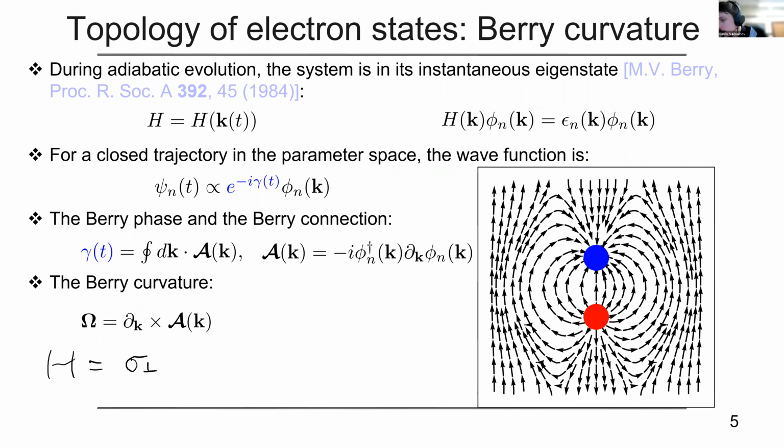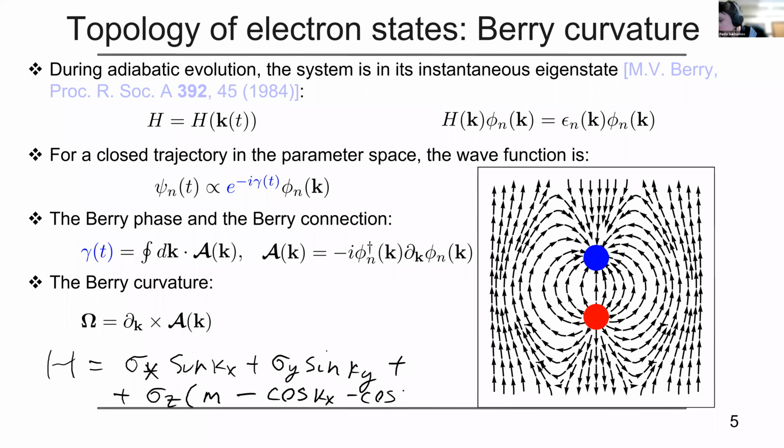For this picture, we need a periodic Hamiltonian: sigma x sine kx plus sigma y sine ky plus sigma z times some constant m minus cosine kx minus cosine ky minus cosine kz. That's it. Then one can solve up to some coefficients, of course.